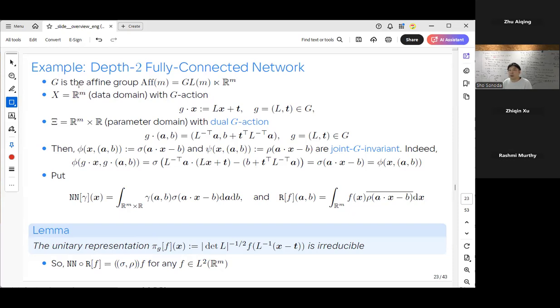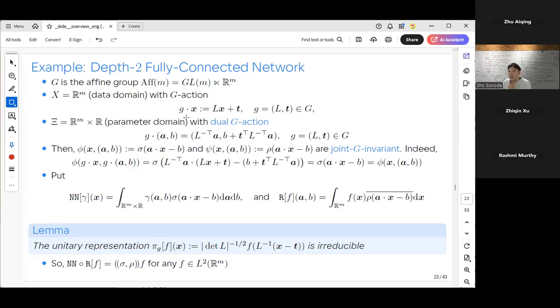The group action on the data domain R^m is the ordinary one. I mean, g.x is given by L times x plus t. Here, L corresponds to the matrix from GL, and t corresponds to an arbitrary vector in R^m.